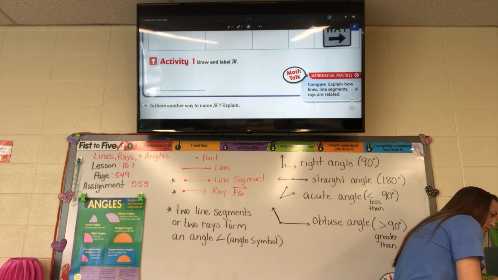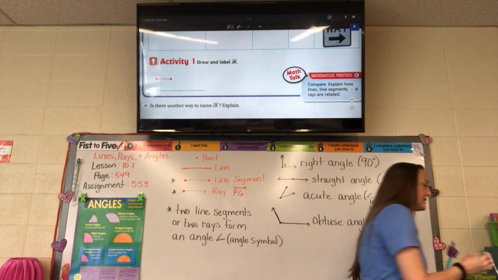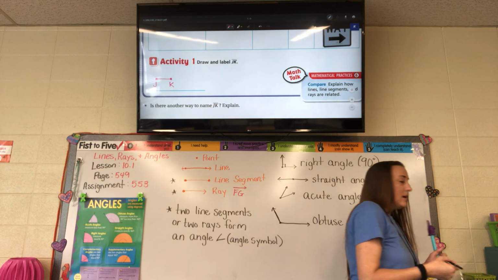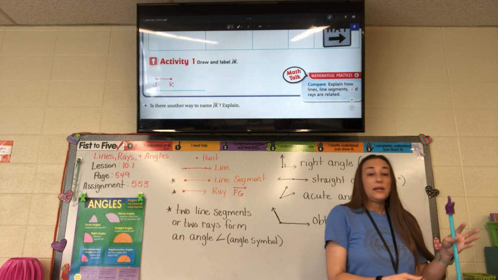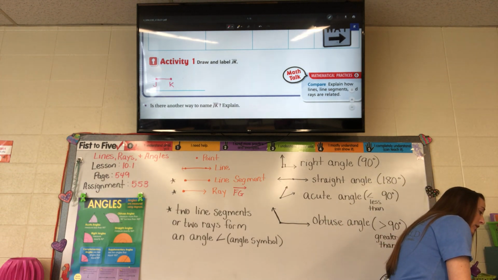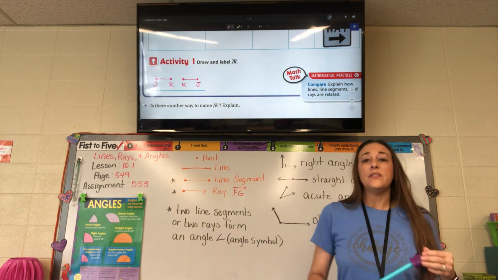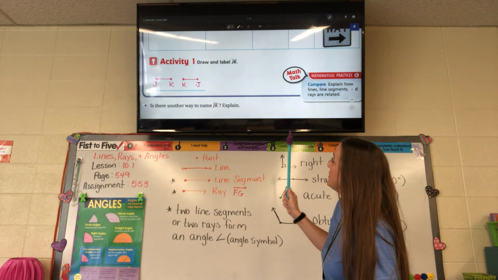So I'm going to draw a line segment between two endpoints, and then I'm going to label those points J and K. But since line segments can go in either direction, I'm also going to draw another one over here with the K first, K, J. Okay, so that is line segment JK.